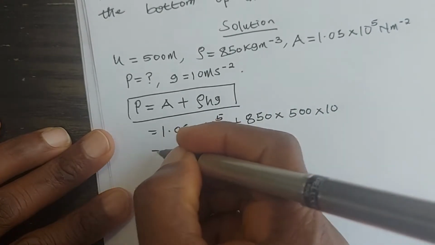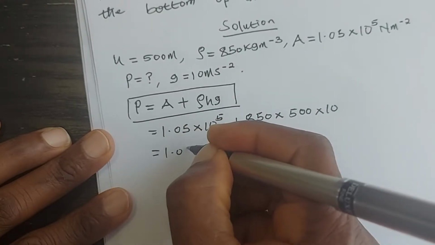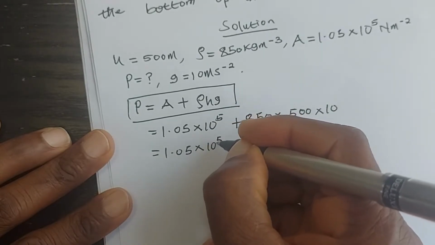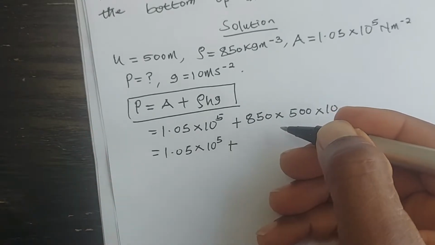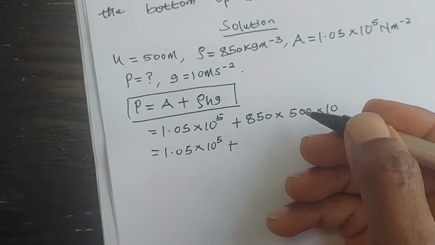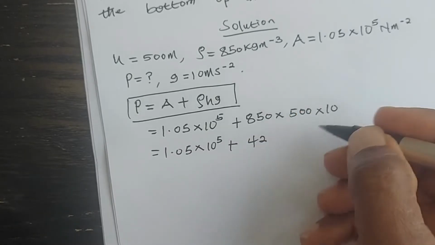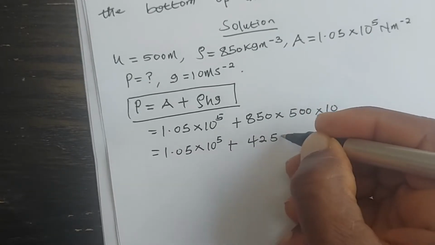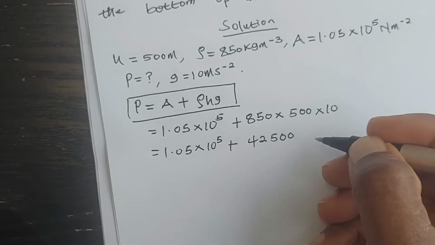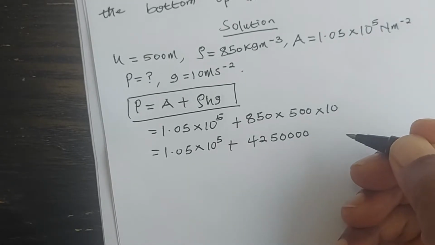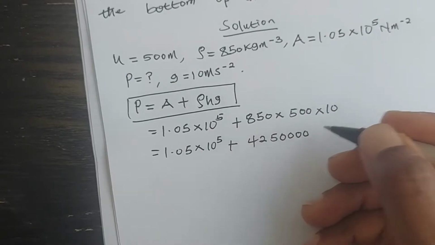And of course, we still have 1.05 multiplied by 10 raised to the power 5 plus, now if you multiply all this together, you'll be having 4250000.